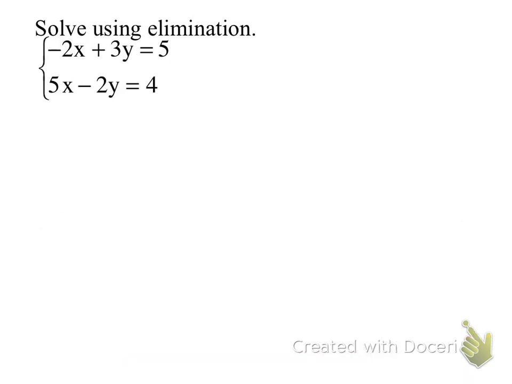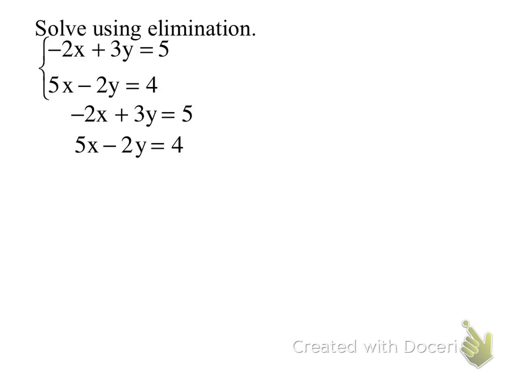All right, now this becomes the hardest kind of elimination, and that is when I have to manipulate both problems. So what do you want to make the additive inverses? Do we want to make the x's or the y's? Well, how about if we go with what my PowerPoint's going with?